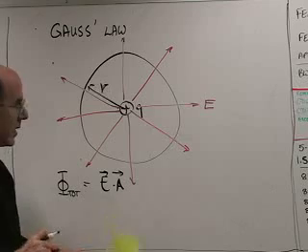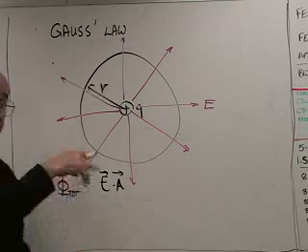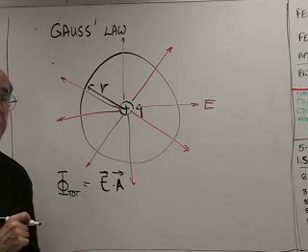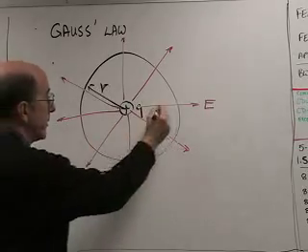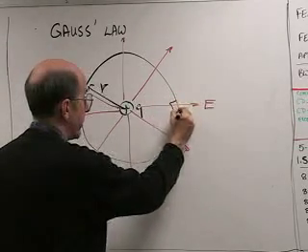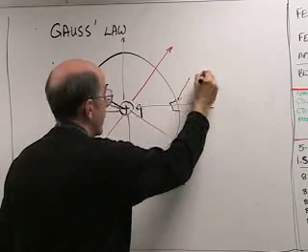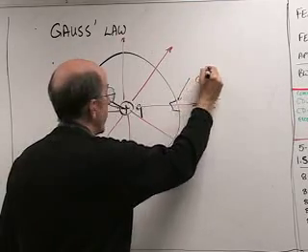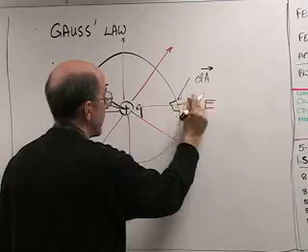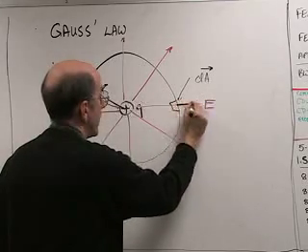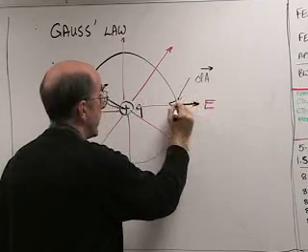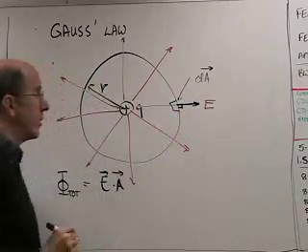Since this is a continuous sphere, we're actually going to set this up as a surface integral. Let's take a little bit of area here, and we'll call that area dA. It just means a little increment of area. It's a vector because we're going to define the surface vector as coming out perpendicular to that area.